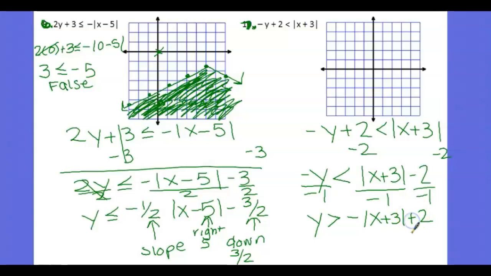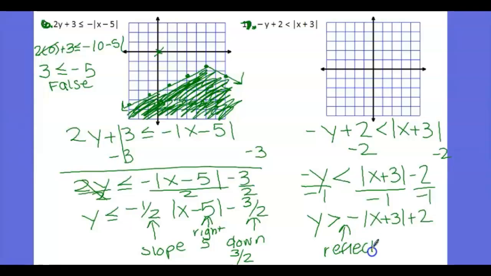We then see that our vertex is at negative 3, 2. The graph is reflected. Its slope is negative 1 over 1. And now, because of the division of negative 1, the y value is greater than.